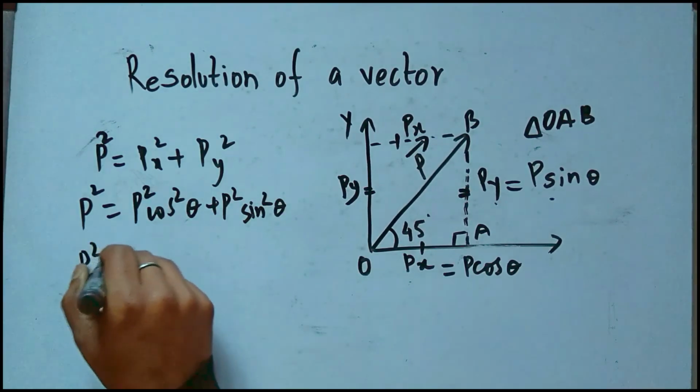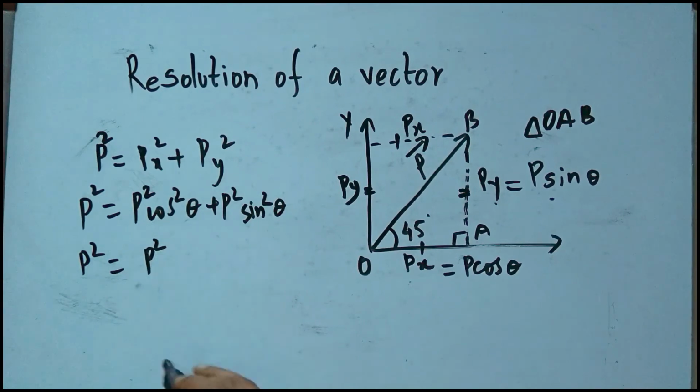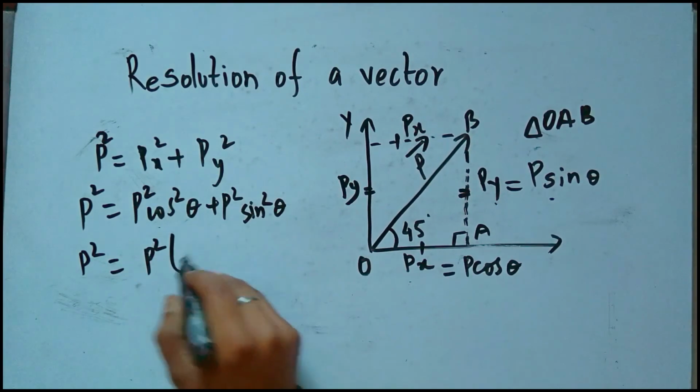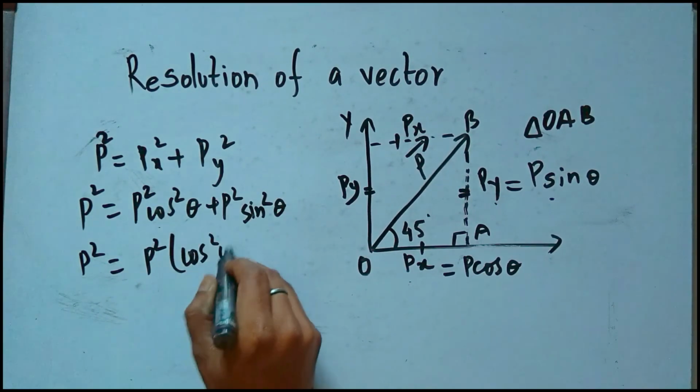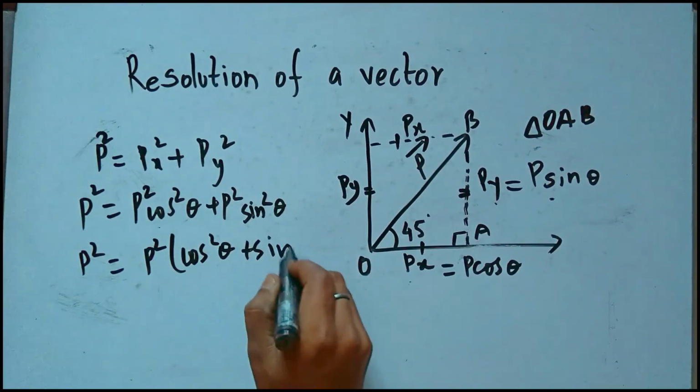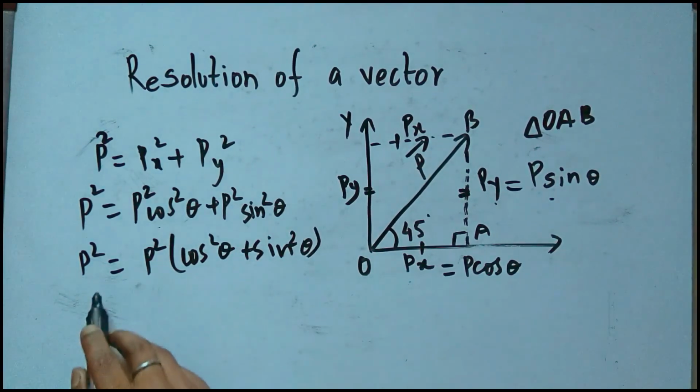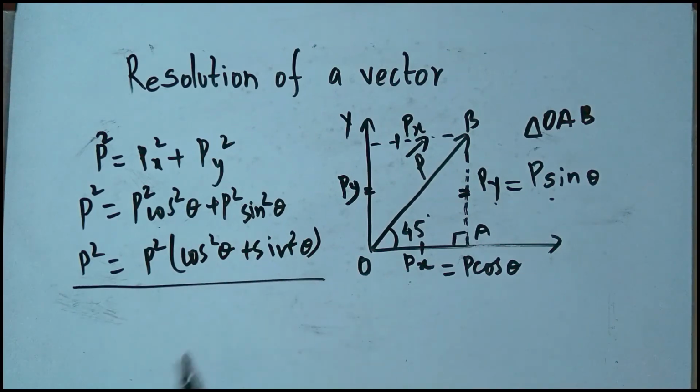So P square is equal to P square, if we take this common, cos square theta plus sin square theta. So LHS is equal to RHS.